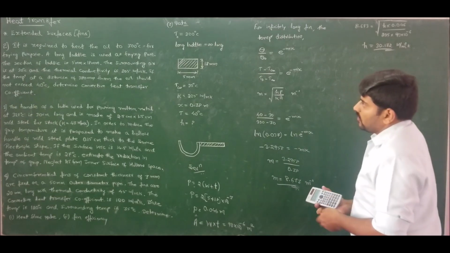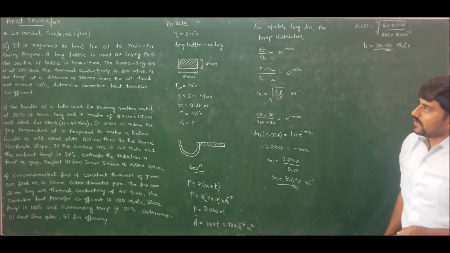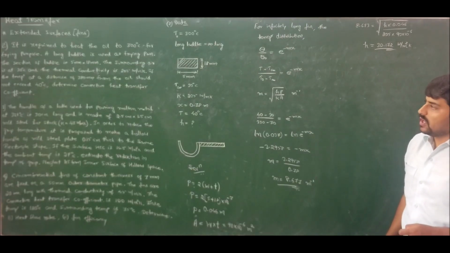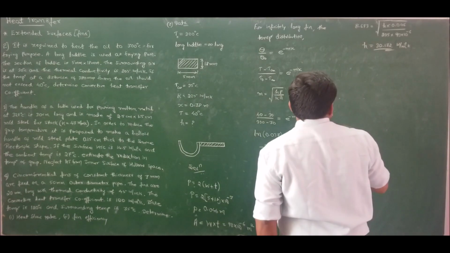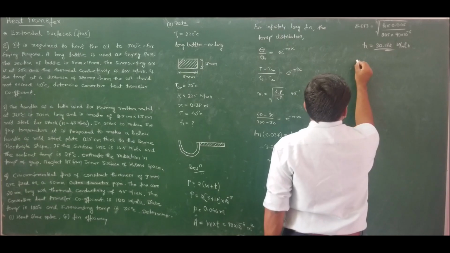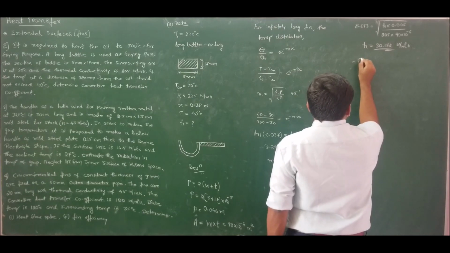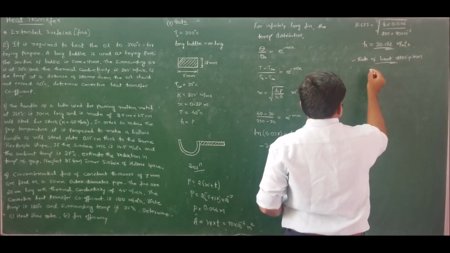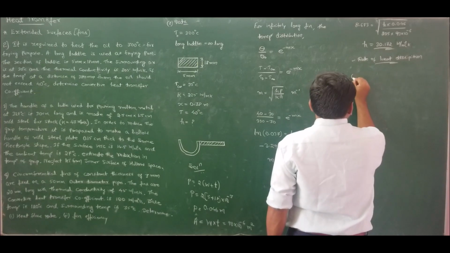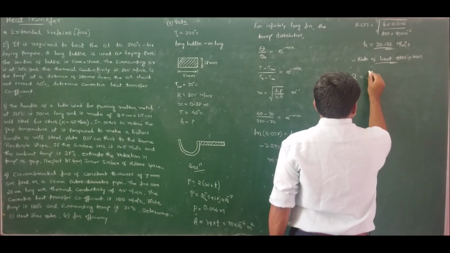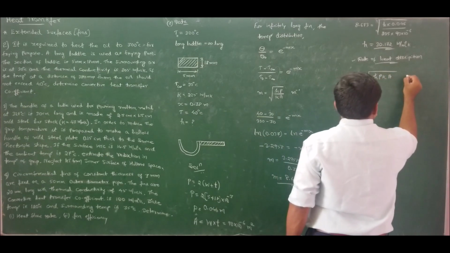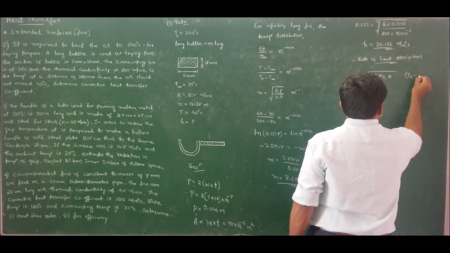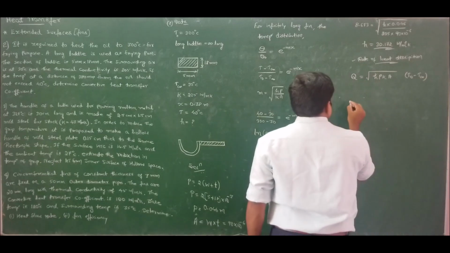So this is the answer for problem number 2, where we have calculated the convective heat transfer coefficient that was asked. Further, if I want to know the rate of heat transfer, I can use the rate of heat dissipation. For an infinitely long fin, rate of heat transfer Q is given by square root of hPKA theta naught. Theta naught is T naught minus T infinity.